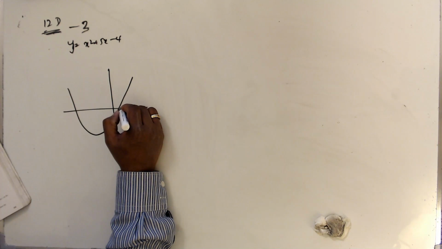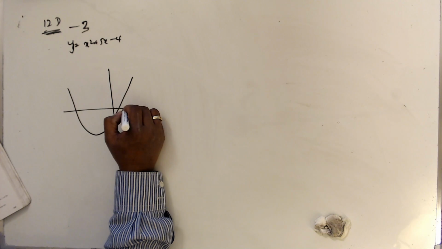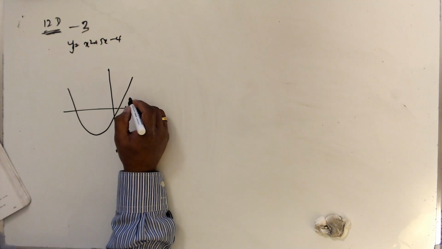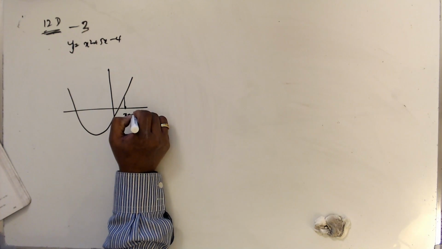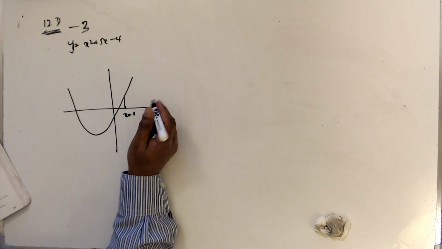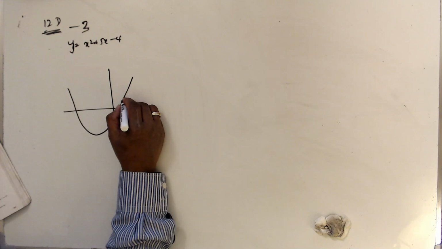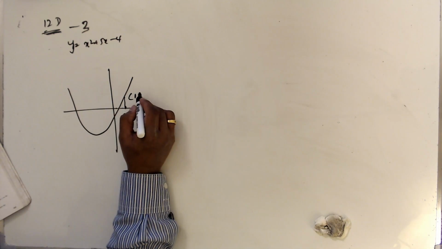Okay, I'll take this as x equals 1. I'm not sure it is here, I'll drag to here. So this is x equals 1. So I have the x coordinate 1.